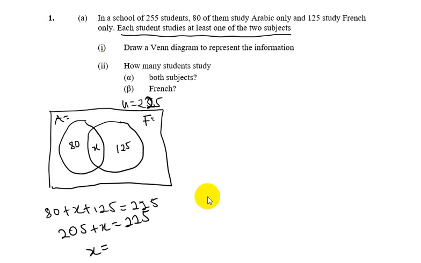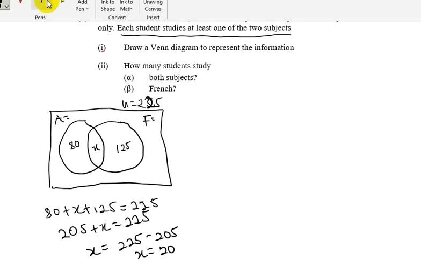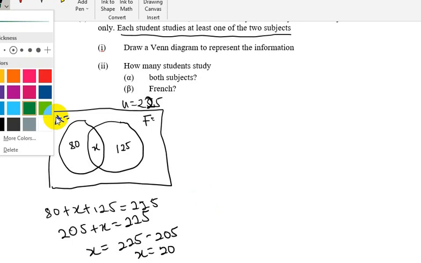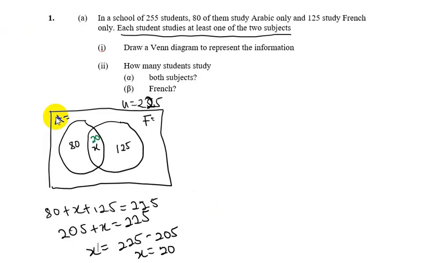So my x is going to give me 225 minus 205, and our x will give me 20. So this x here is 20, right?